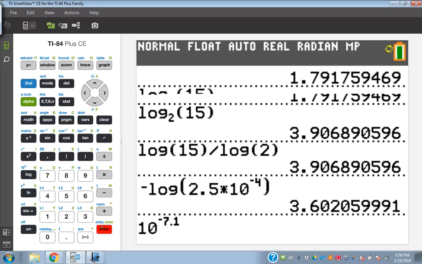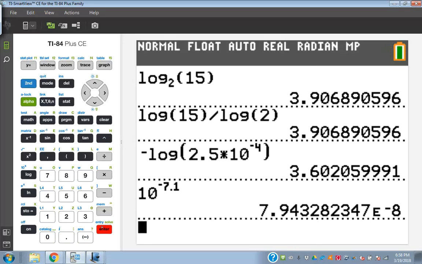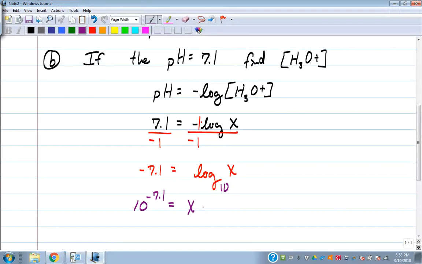All right. That's an ugly number, but that's okay. We're going to rewrite it in scientific notation. 7.9433 times 10 to the negative 8.